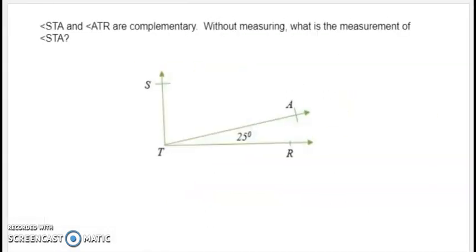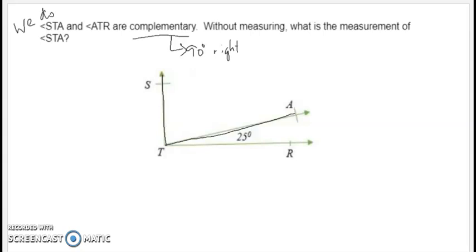So in this one, oh, this is also what we do. Angle STA and angle ATR are complementary. Remember, complementary means they make a 90 degree or a right angle. Without measuring, what's the measurement of angle STA? We're looking for this here, just this part. So we have enough information to do this.